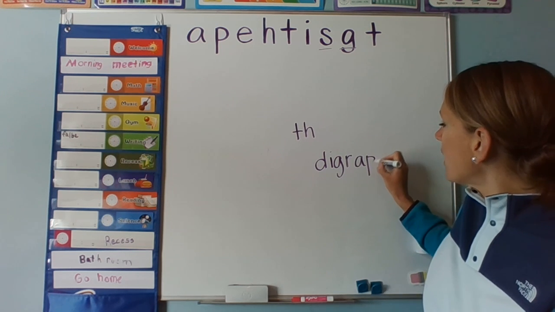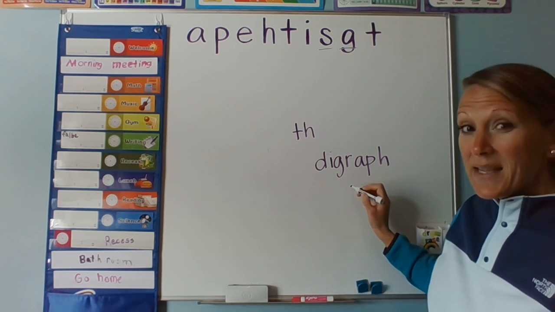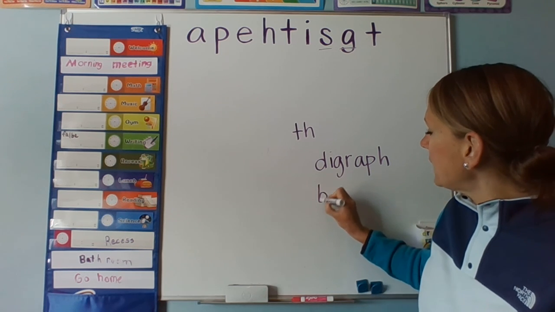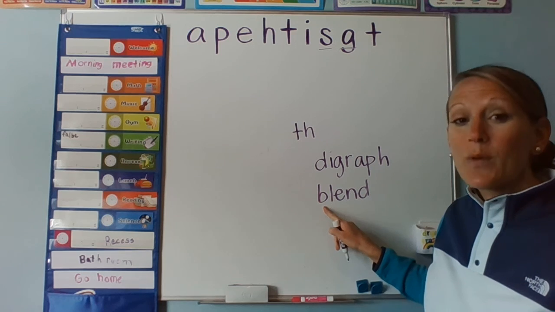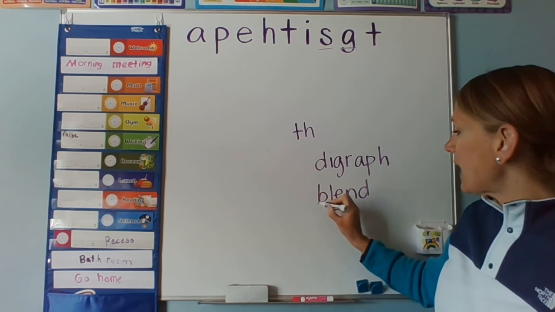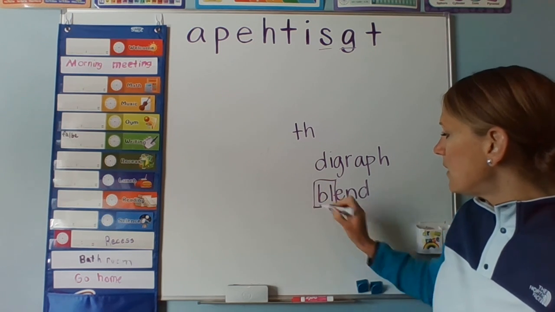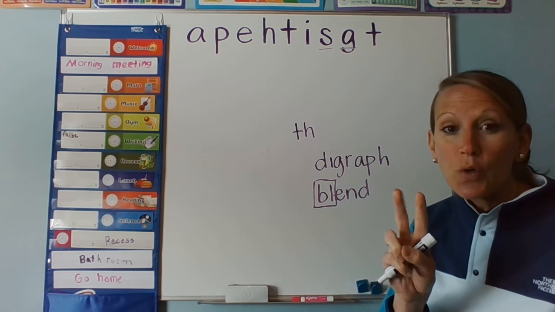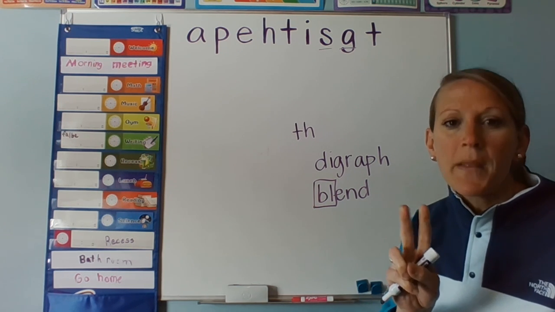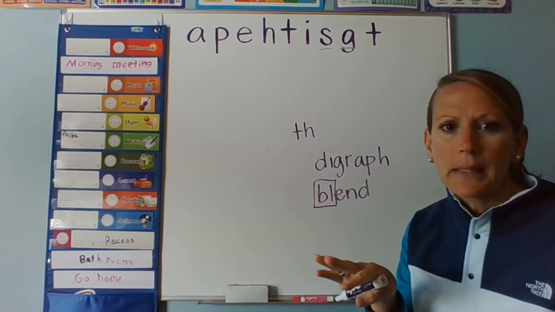When we have consonants together, they either make a digraph or they make a blend. A blend is when we can hear both sounds, like bull. But a digraph is when the two consonants, usually it's two, come together and it makes a completely different sound.